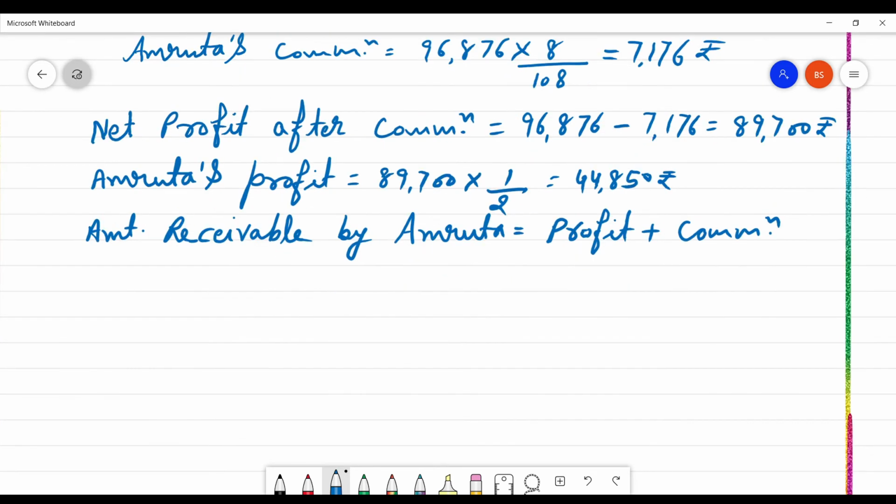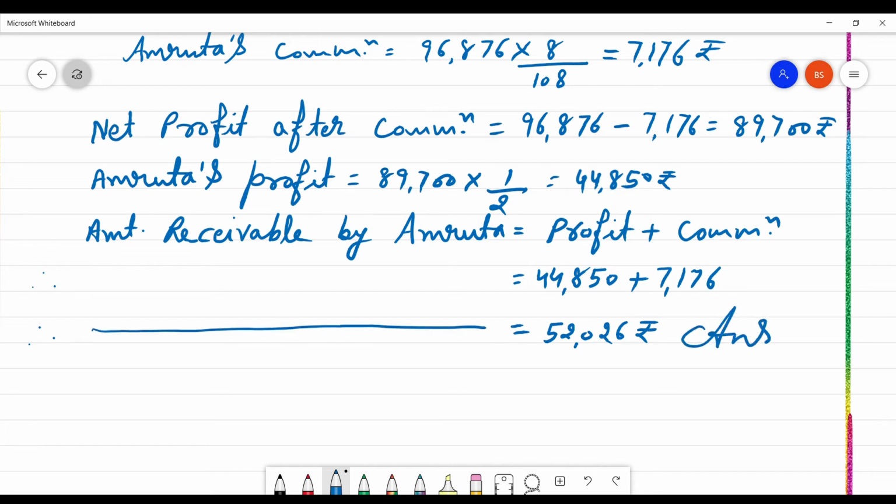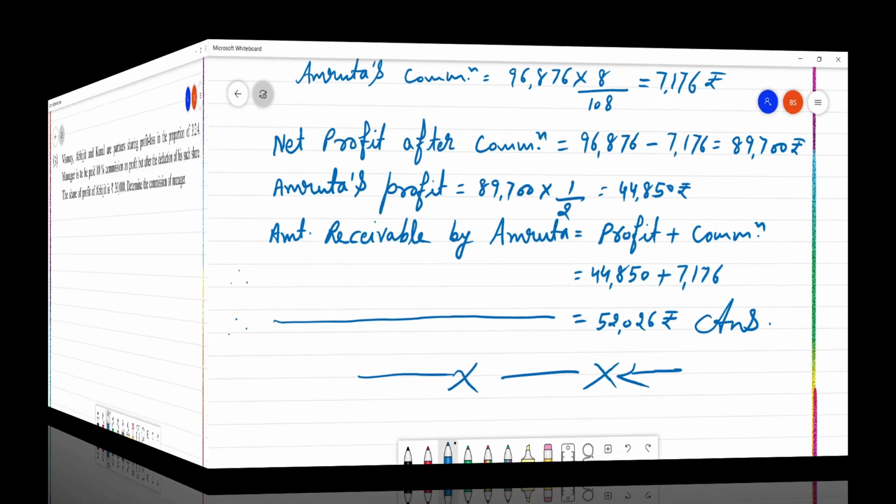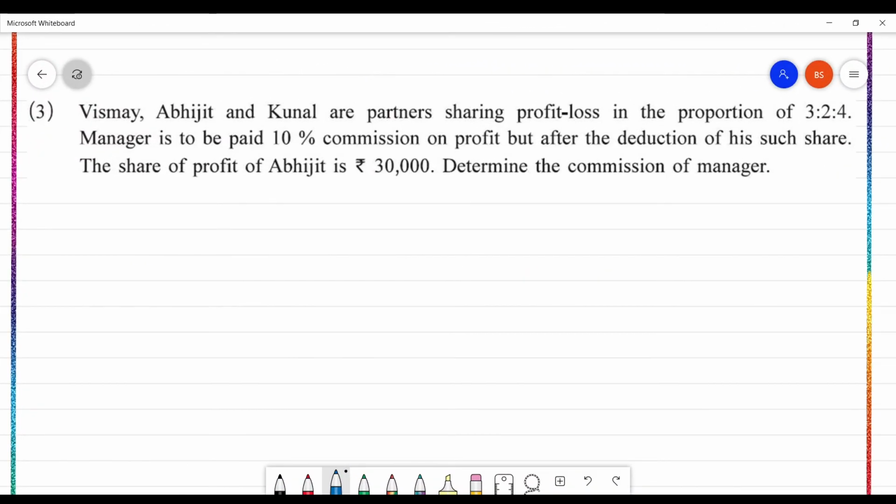So profit is 44,850 plus 7,176. So the amount will be 52,026. Amruta will receive 52,026 rupees. This was the second sum, completed.